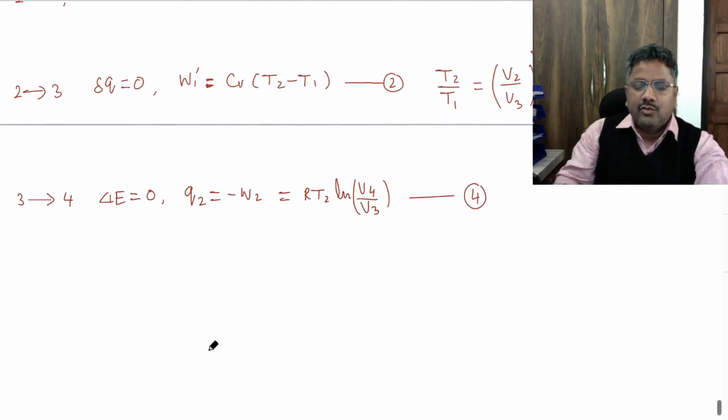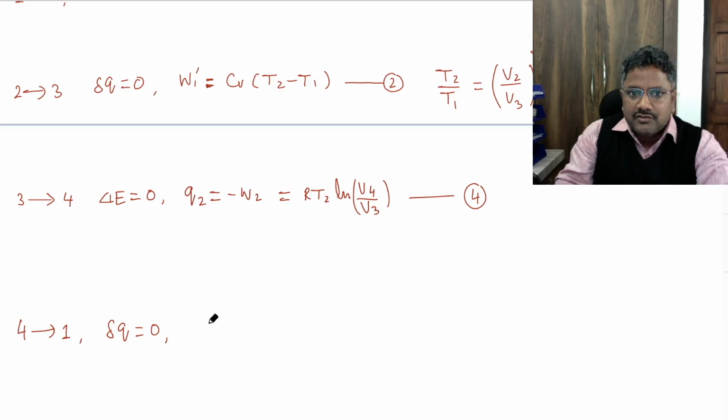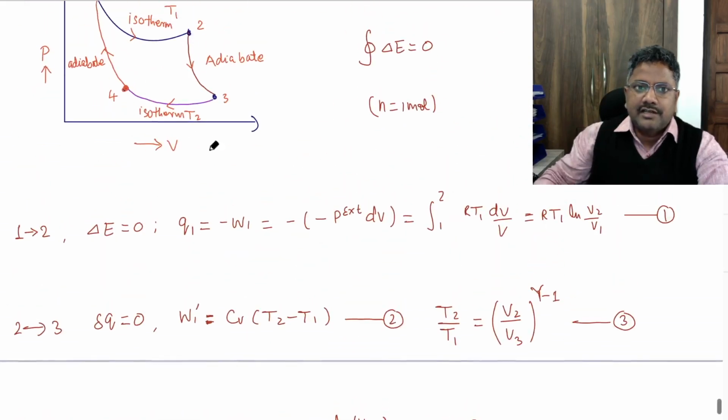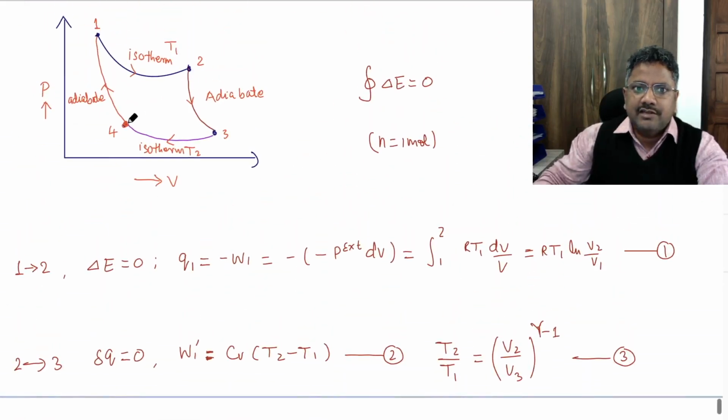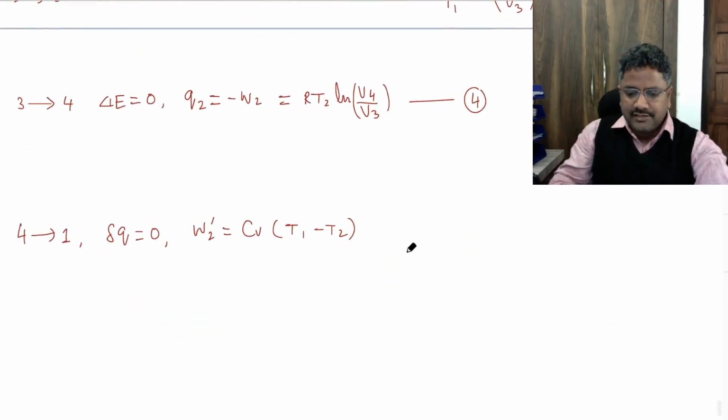And now 4 to 1 is adiabatic compression. So this time delta Q is equal to 0. So you can write W2 dash is equal to CV (T1 minus T2), because at this point temperature is T1 and at this point temperature is T2. And this is equation 5.